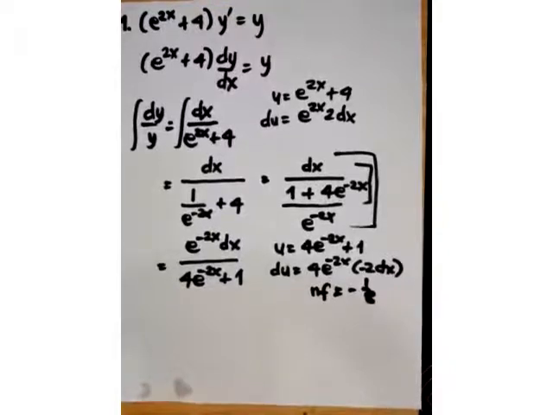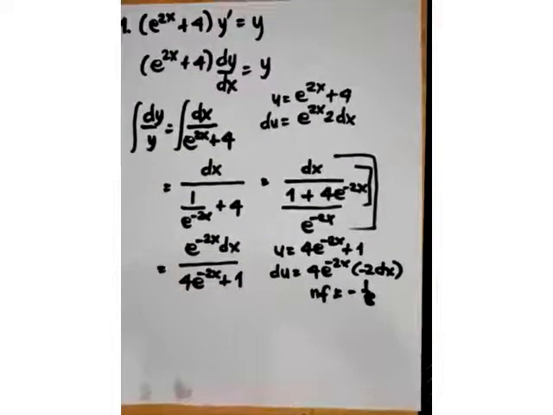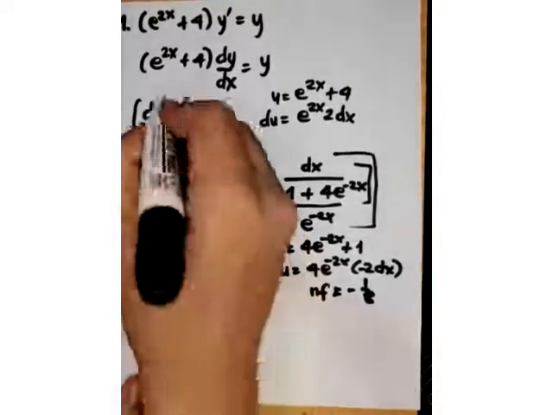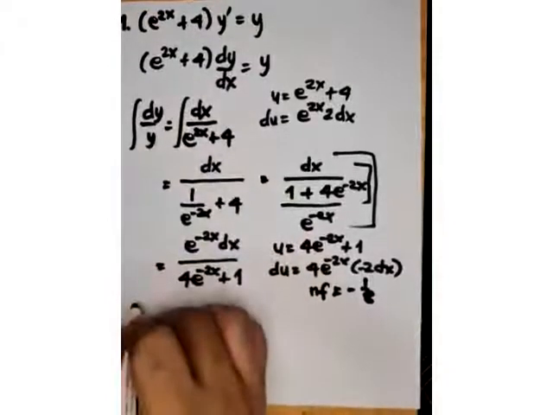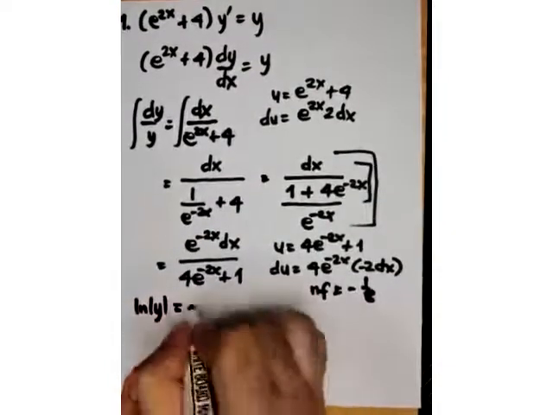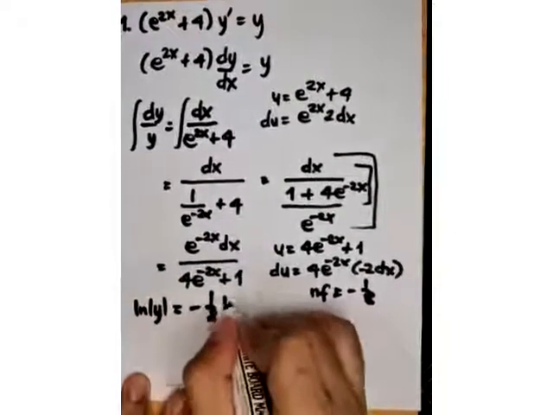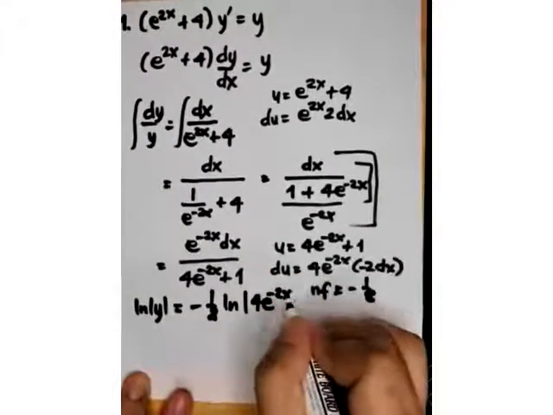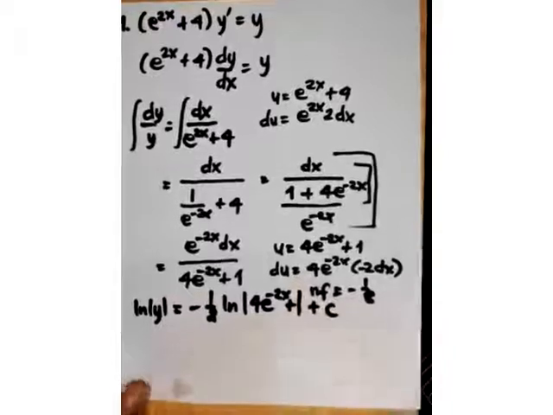Right? So if we integrate this, ln of y is equal to negative 1/8 ln of 4e raised to negative 2x plus 1 plus c.